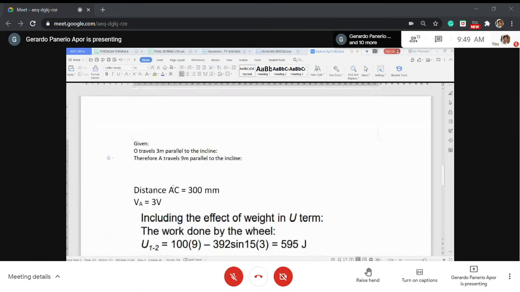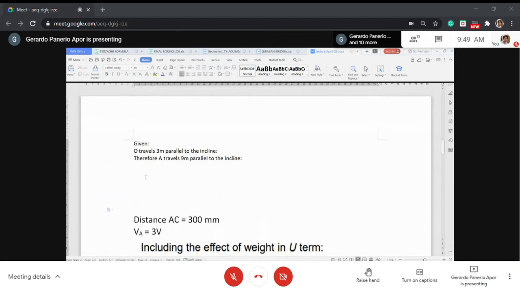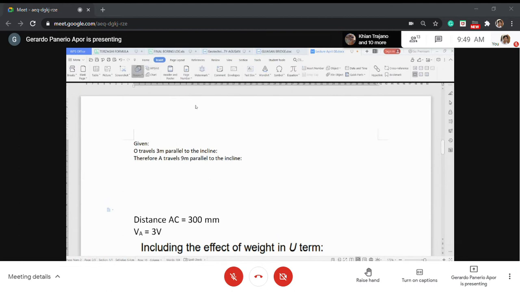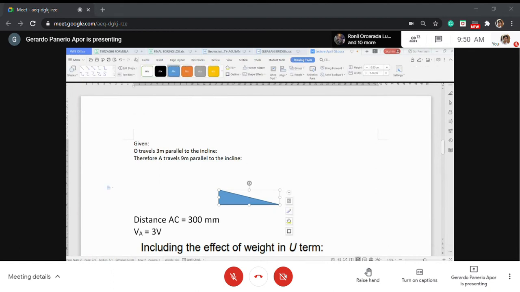So the explanation is like this. I'm going to do the explanation. Okay, so first I drew the incline. How to do the incline? Here we have the incline here.